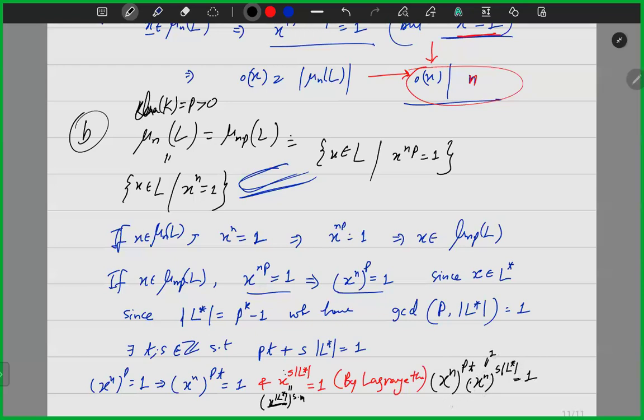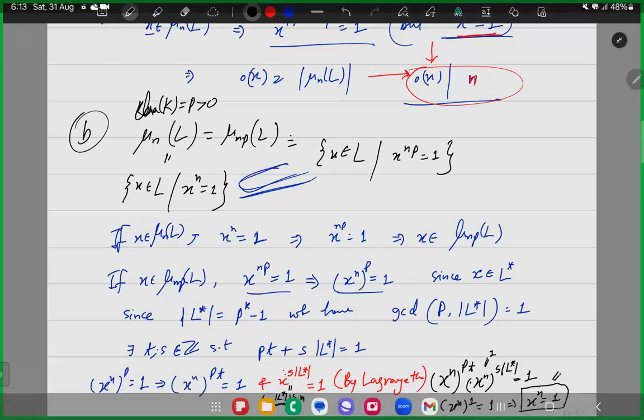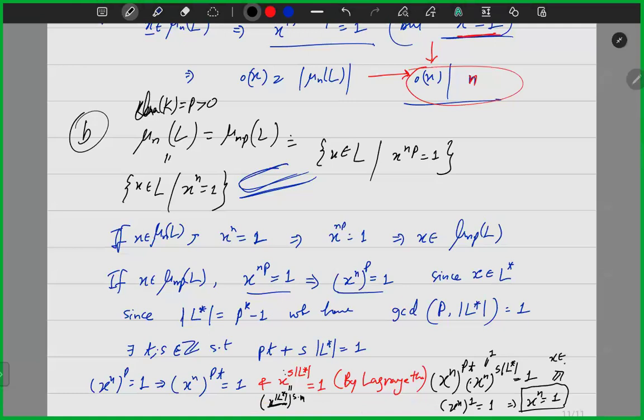So the total (x^n)^(pt + s·order of L*) is equal to x^n, which is equal to 1, and this implies x belongs to μ_n. So this inclusion is also true.